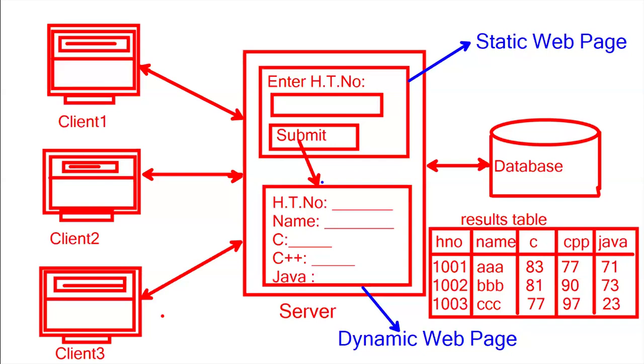Two types of web applications, static, dynamic. In this diagram, static is there, dynamic is there.